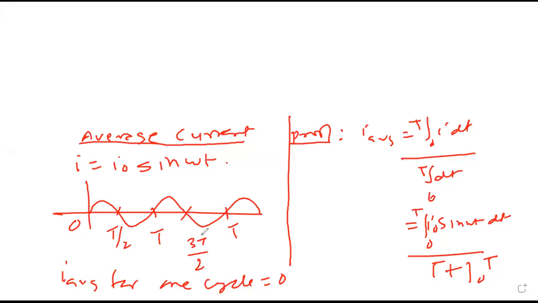Can I clear? Yes, sir. I am explaining from the basics, so pay good attention to the theory. I0 sine omega t: I0 is constant, you can take it out. What is integration of sine? Is it minus cos? Yes, sir.